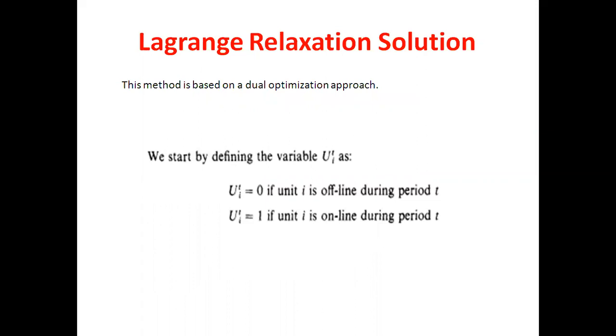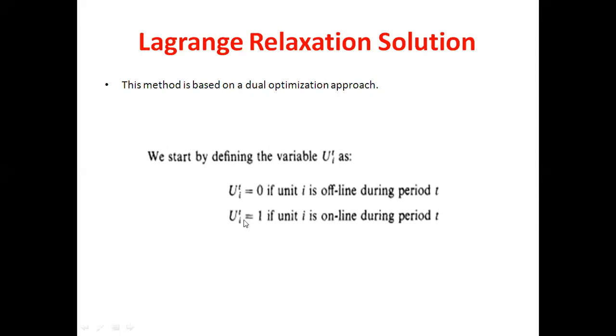Lagrange relaxation solution. Generally, this method is based on a dual optimization approach. Let us define the variable U_it: U_it equals 0 if the unit i is offline during the time period t.